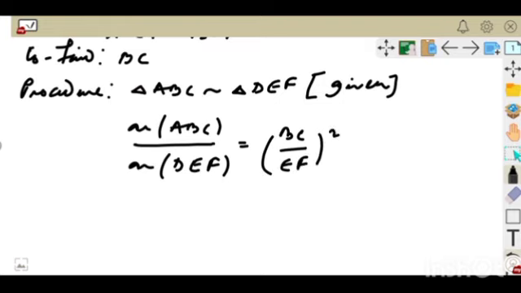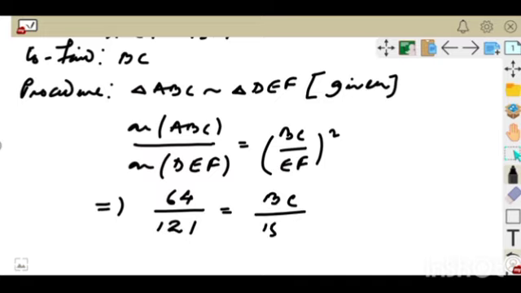This is from theorem 6.6 that we studied in the last class. Now what is the area of triangle ABC? 64 cm², so let me write 64. And DEF is 121, then equal to BC, and EF is 15.4.